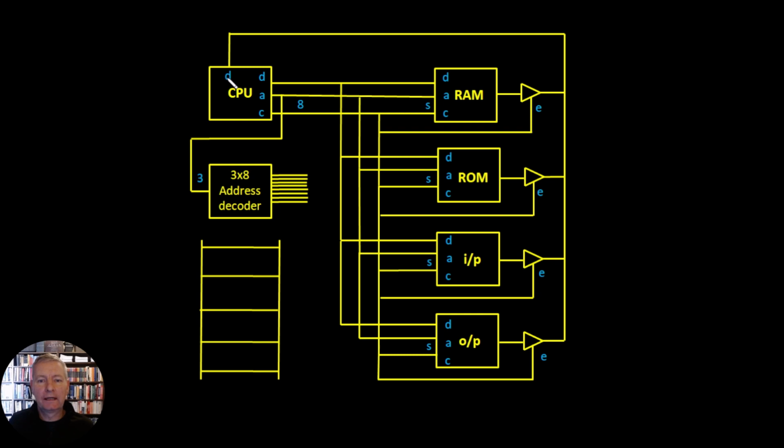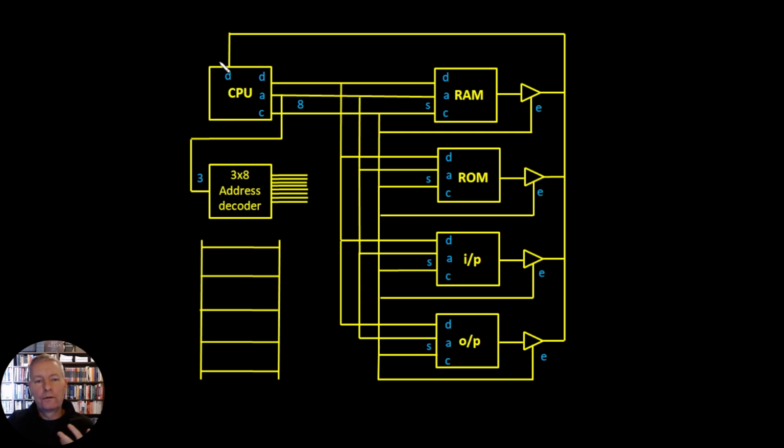We can do that with the data in and out and address in, out. So what we do is we put an address of the device first of all onto the bus so that we know we're pointing to that particular device. And then when we know we're pointing to that particular device, we can then either write to the device using the data out, or we can read from the device using the data in.